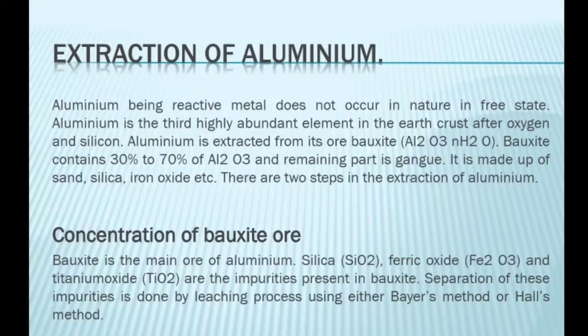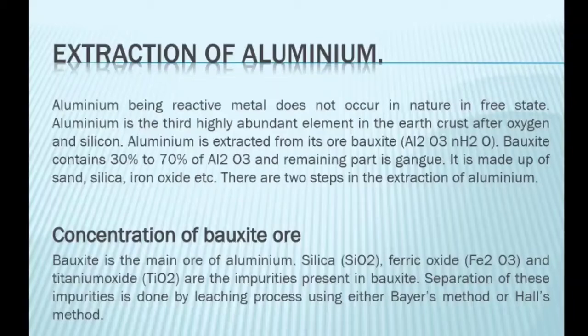This means that bauxite is leached by sodium hydroxide solution. The iron oxide in the gangue, that is impurity, does not dissolve in aqueous solution of sodium hydroxide. It is separated by filtration.